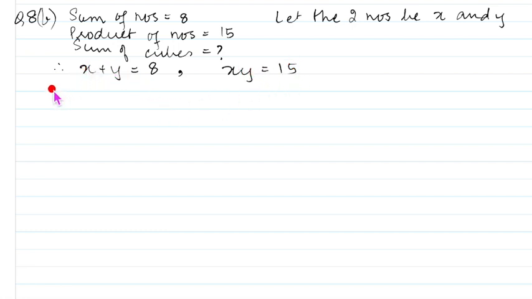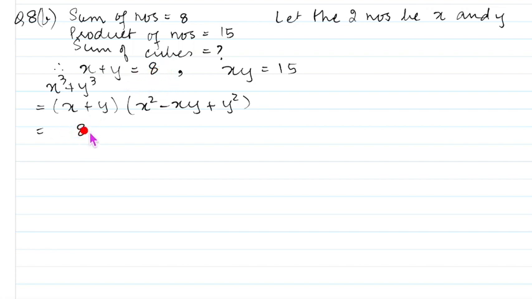Now we are asked x cube plus y cube. If we have to find the value of x cube plus y cube, we need to write them as factors like this. Remember, these are the factors of x cube plus y cube. Once we know this, then connect it with the values that are given over here. So x plus y will be 8.